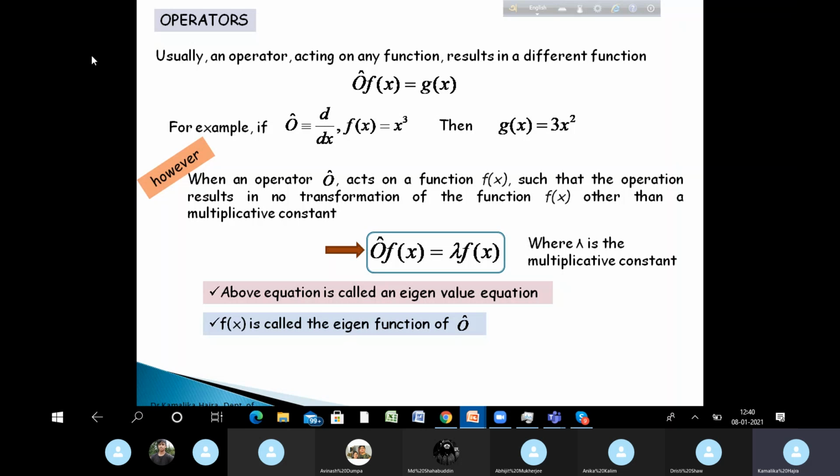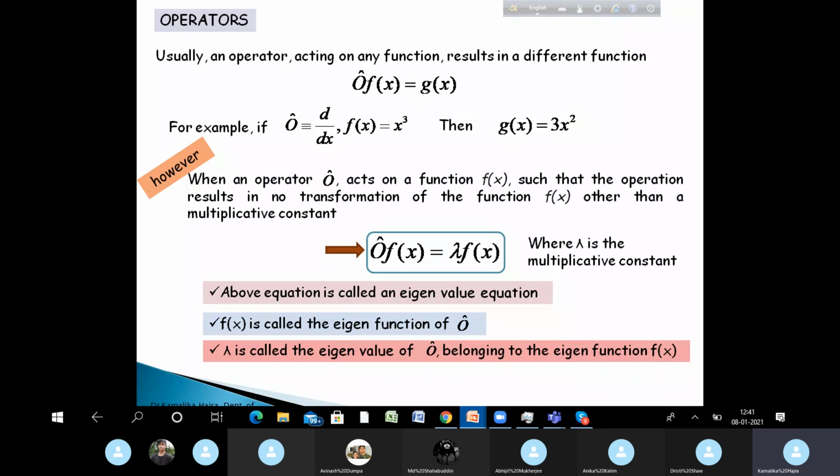If a particular function satisfies the eigenvalue equation, then it is called the eigenfunction of the operator O, and lambda, the related constant, is called the eigenvalue of O belonging to the eigenfunction f(x). In German, the word eigen means characteristic.